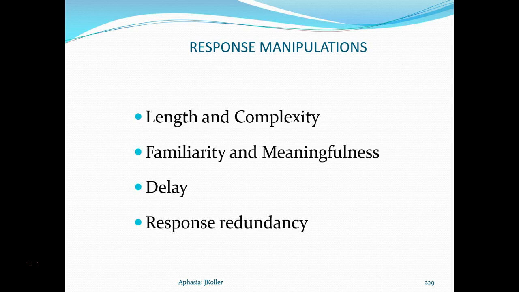We know for a fact that patients will do better with items that are more familiar. Schuell told us that often items that are more meaningful, items that are higher frequency of occurrence, items that are more common, items that are within the environment of the patient, things that mean something to them, do better. Even if it's a simple repetition task, it's much more likely that I can repeat a word that I know easily than a word I'm really not that familiar with, or one that has a similar sound structure but isn't even a word.